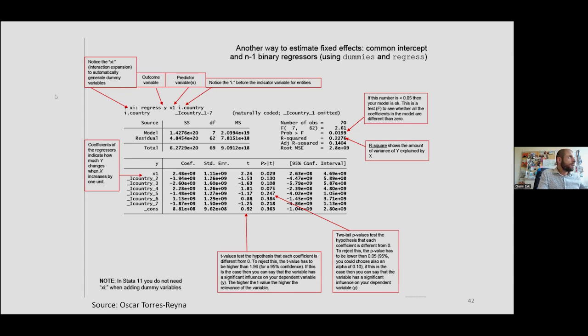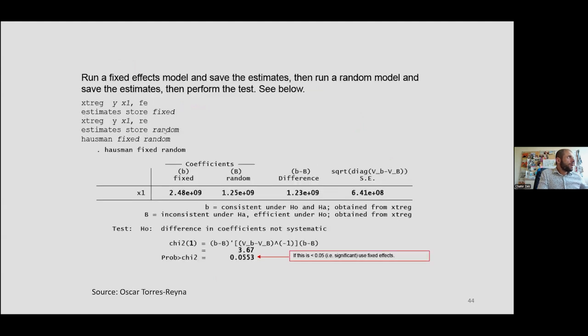And then finally, if we compare both, after running the XTREG fixed effects, we ask STATA to store the results under fixed. We can call them anything, we can call them Shahir, we can call them Ramaj, but the most important thing is to keep the same names afterwards.